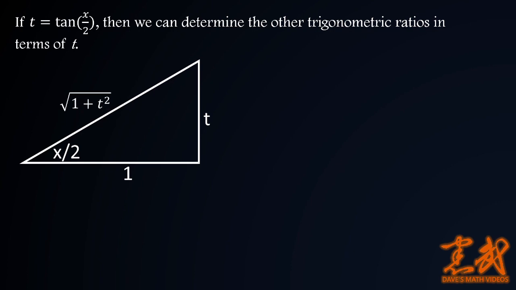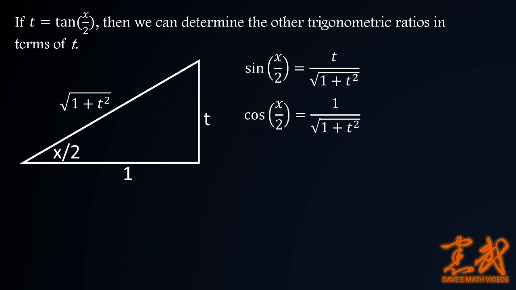This means that the hypotenuse has a length of the square root of the quantity 1 plus t squared. Based on this, we can calculate the values of the sine of x over 2, which is equal to t over the square root of 1 plus t squared, and the cosine of the quantity x over 2, which we obtain by dividing the adjacent side by the length of the hypotenuse.